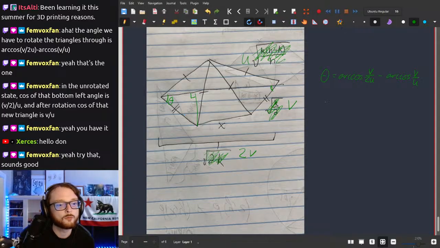Okay, so we have a right triangle, hypotenuse v, angle theta. We want the adjacent. Cosine theta is equal to, I guess we'll call it y.